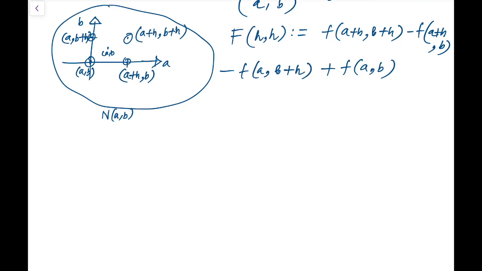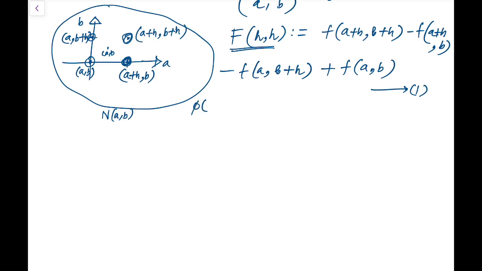So this is basically a function. What we are doing, we are taking this point, the functional value at this point minus this point's functional value, and we are taking the functional value difference of this, and taking this combination we are defining the capital F function. Now take this as equation number 1.